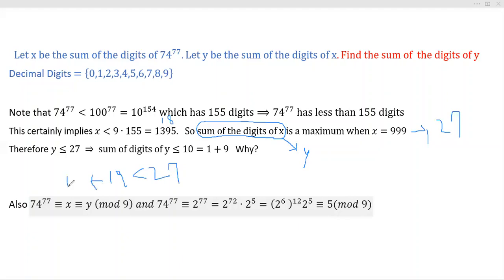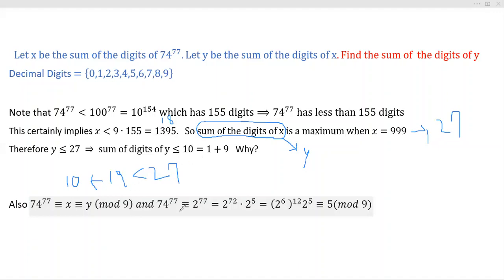It's similar reasoning to what we did above, where 999 was the important number for maximization. Here, 19 maximizes the sum of the digits of y. And 9 plus 1 certainly adds up to 10.